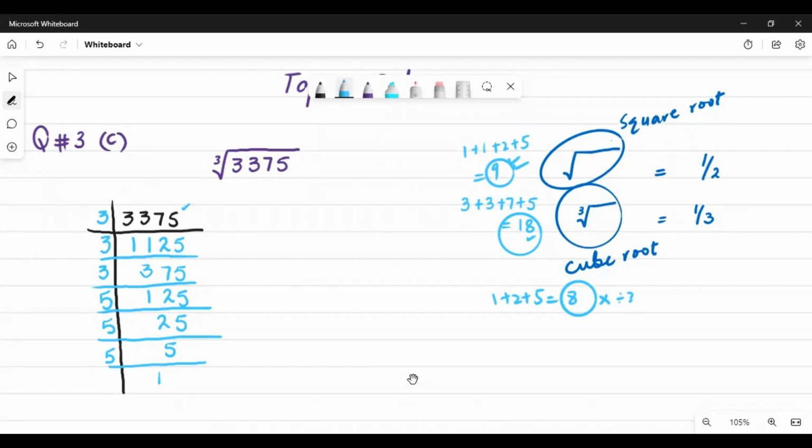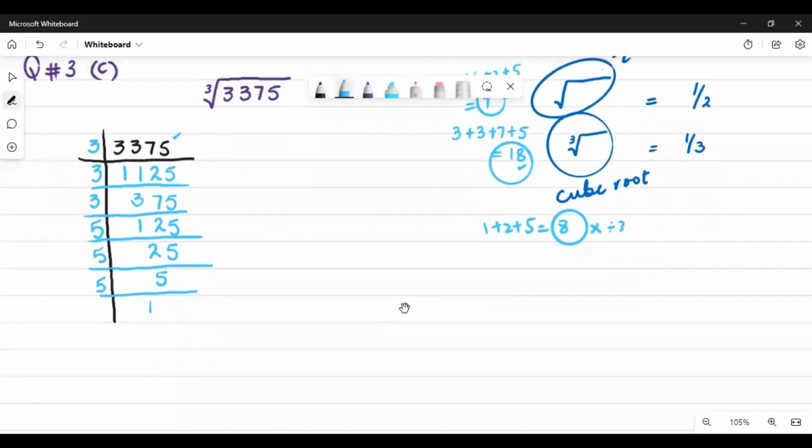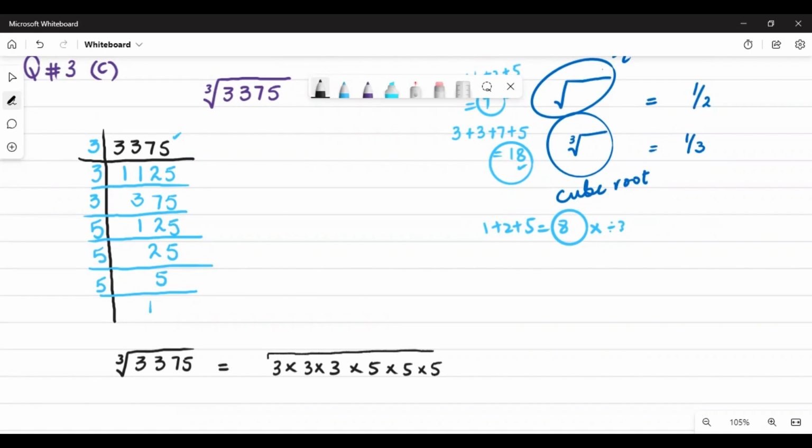So my dear students, first of all, we will write 3375. The cube root of this is equal to all the prime factors: 3 times 3 times 3, and 5 times 5 times 5, under the cube root. Remember, this 3 outside means it's a cube root.